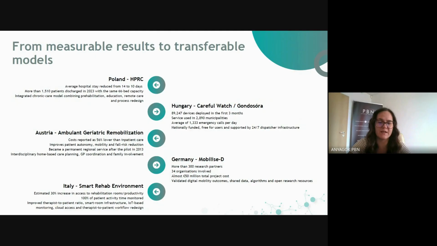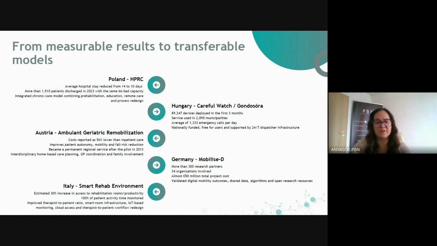It is reported as 56% less costly than inpatient care and became a permanent regional service after the pilot. From Italy, Smart Rehab Environment shows how smart room technology can increase capacity while maintaining safety. It achieved a 30% productivity increase, monitored all patient activity time, and registered no adverse events during the pilot.